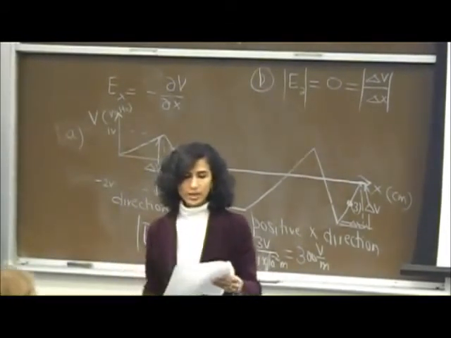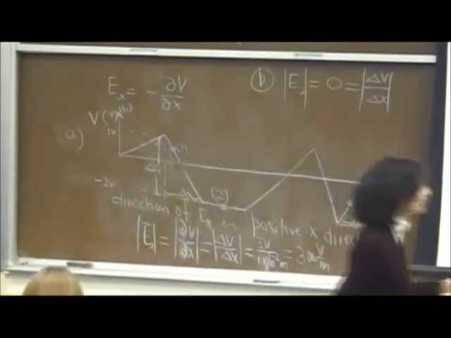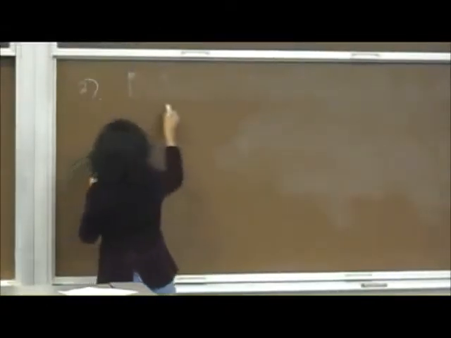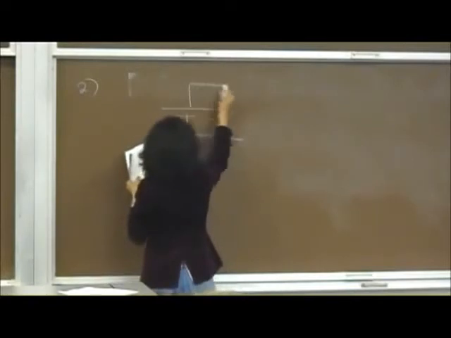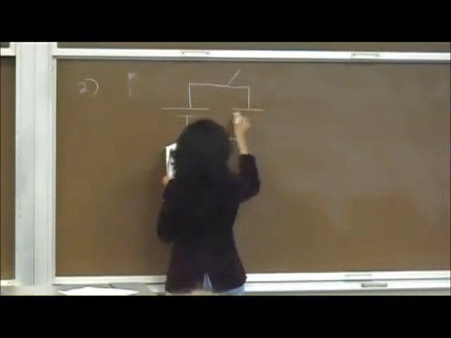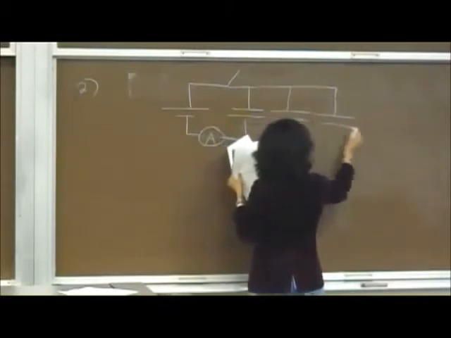By the way, in the second question I forgot to give you an ammeter. There should have been an ammeter in the circuit. I'm sorry about that. So in the next question, you have a situation like this. You have a capacitor and you have some ammeter over here. You have 3 capacitors. This is 1, this is 2, and this is 3.